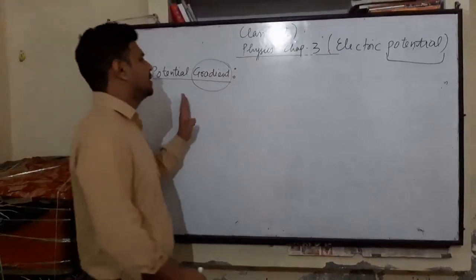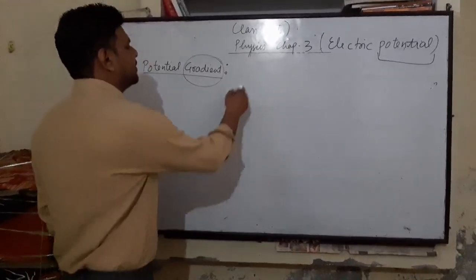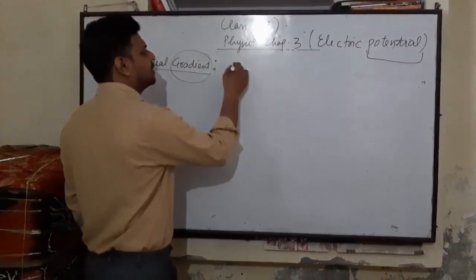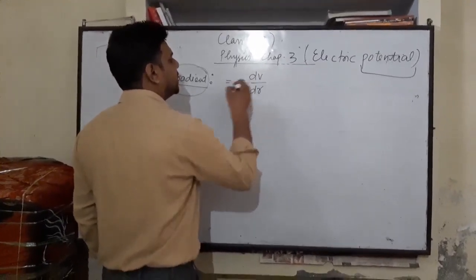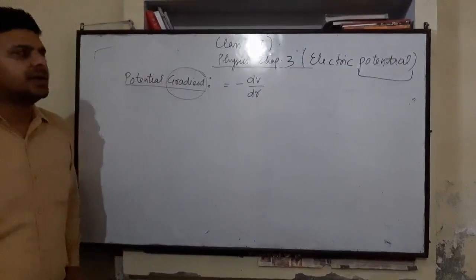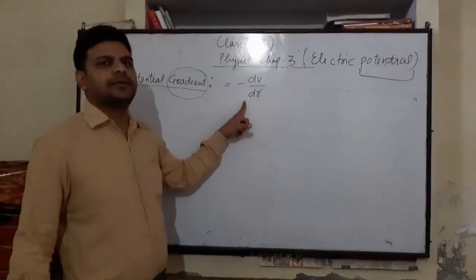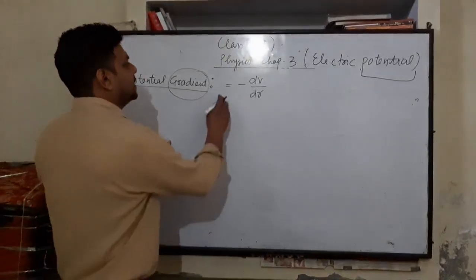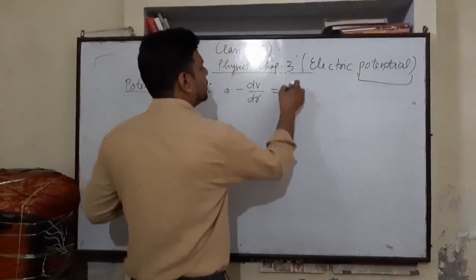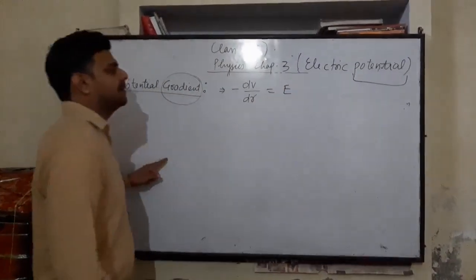Here the potential gradient is given by minus dV over dr, the change in potential with respect to distance, and it is equal to E, the electric field.